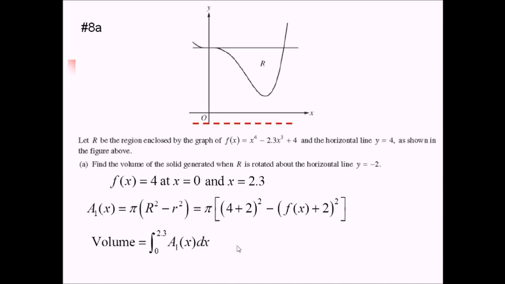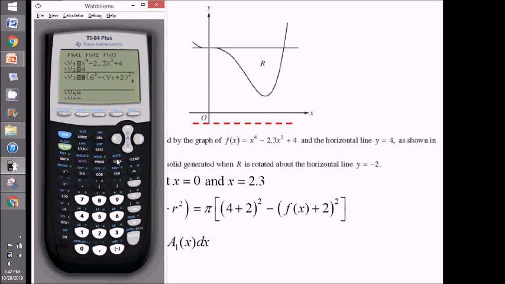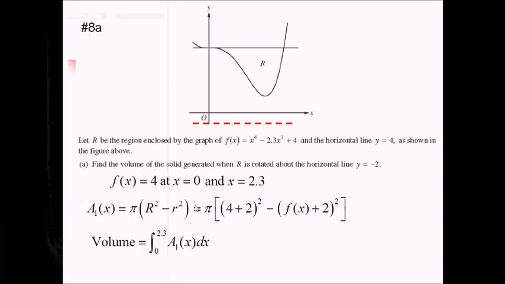Now it's up to the calculator. Just to make my life a little bit easier, I did most of my work in my y equals. For y3, I'm putting my area formula in there. So I have pi times, I'm not going to write 4 plus 2, it's 6. Square that, minus, we've got y1, or f of x plus 2, whole thing squared in there, and close the parentheses. And quitting out of there, I'm again taking the integral from 0 to 2.3.